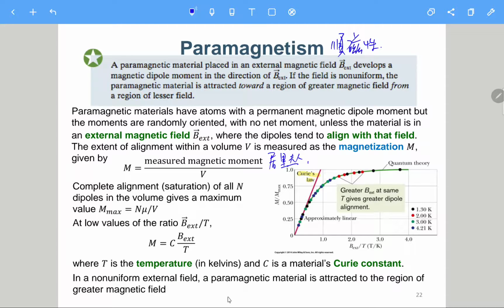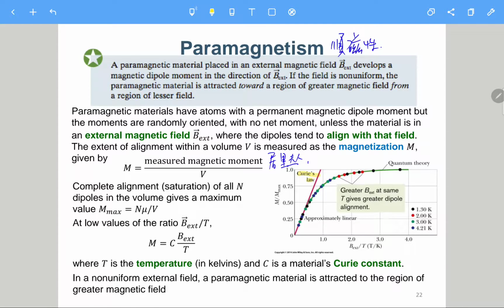And later, when we really observed this phenomenon again with a much higher B external over the temperature, we found that this line does not follow Curie's law anymore.